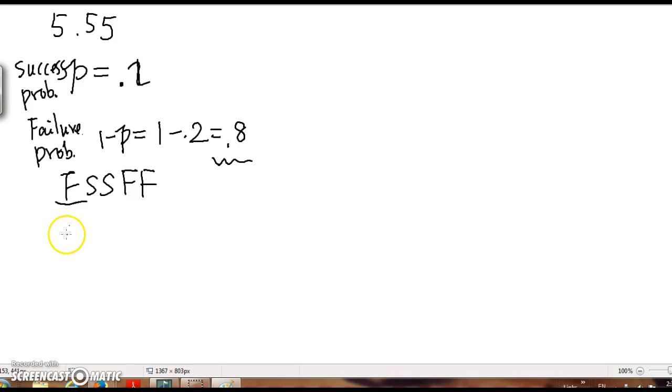So we get 0.8. And the second person, before you ask this person, you know that there's a 20% chance this person is going to say he lives alone. And the third person, 20% chance this person is going to say he lives alone. And the fourth person, 80% chance this person says he does not live alone. And similarly for the last person.